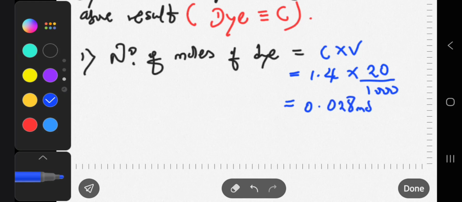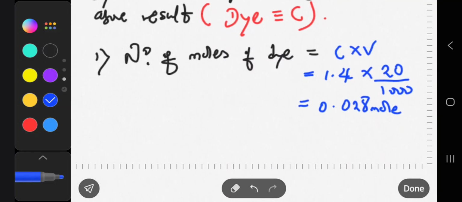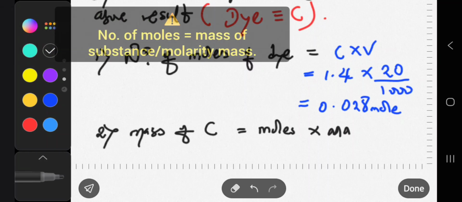It gives me 0.028. All right, so now that you've calculated the number of moles, it is time to find the mass of dye. What mass of the dye, that's the carbon, is in the sample of ink? To find the mass of dye, which is carbon, you say number of moles times molar mass.